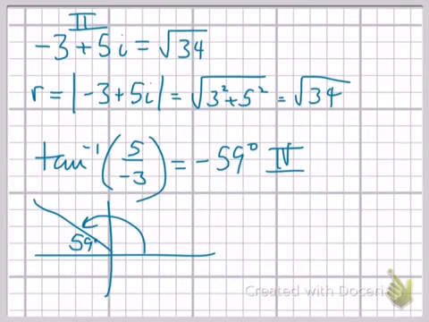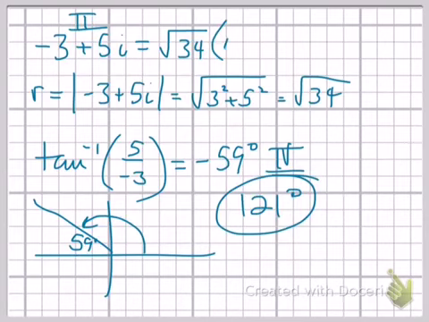So, square root of 34, my angle theta is 121 degrees. So, square root of 34 times cosine of 121 plus i sine of 121 degrees. Let's put our degree symbol there.